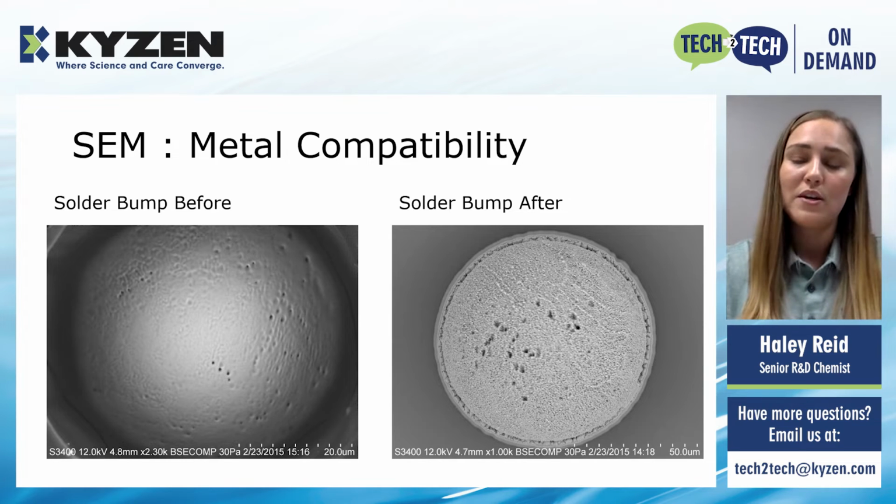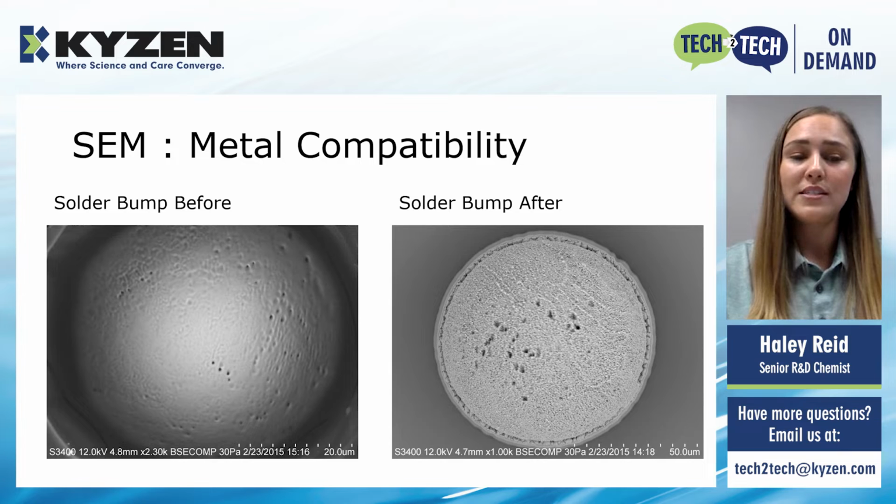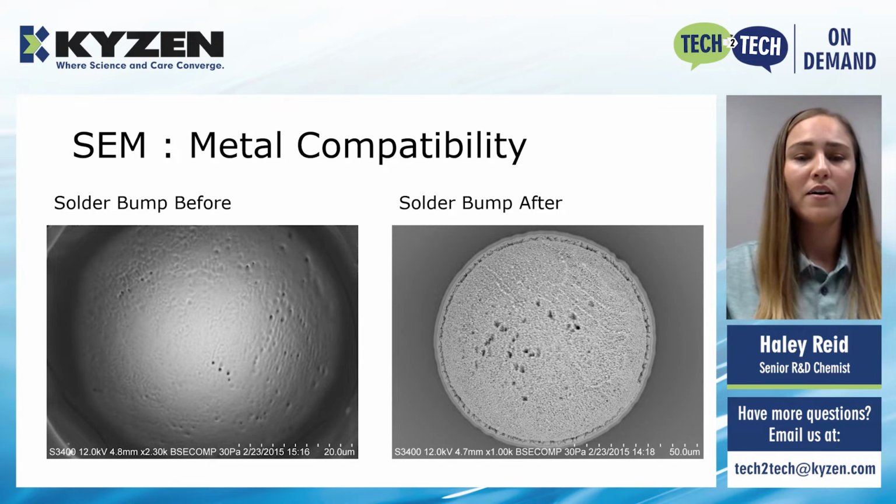So the most common way we use SEM is metal compatibility. On the left, you can see a solder bump before cleaning surrounded by flux, which is denoted by the dark ring around it since we're in backscatter. But the actual solder bump is very smooth, just some outgassing holes, but that's very normal.